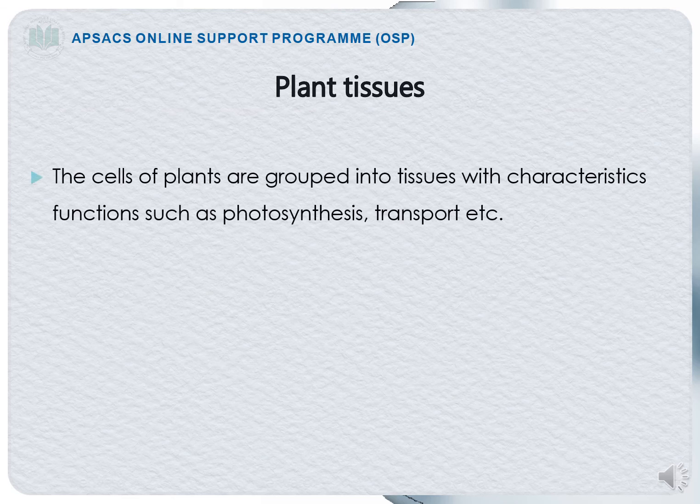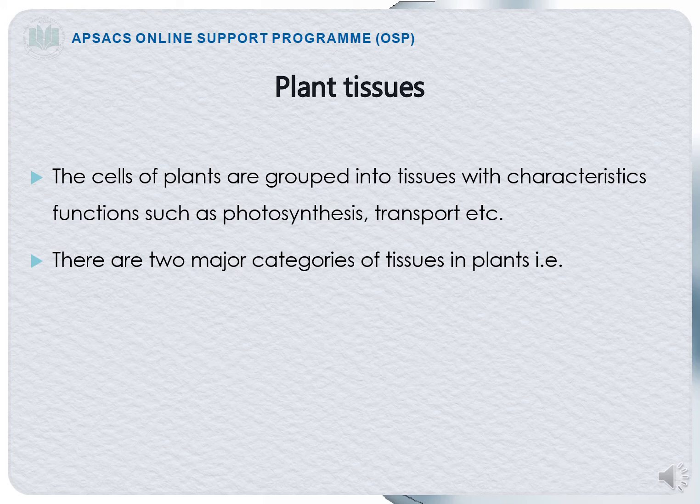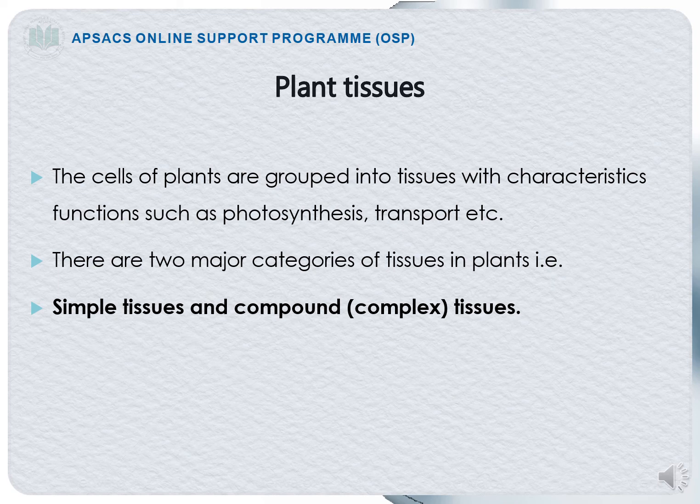As I have already told you about the tissues, whenever the cells combine together, they give rise to tissues and they perform a specific function. The same is the case with plant tissue, they perform functions like photosynthesis and transport. There are two major categories of tissues in plants, that is simple tissues and compound or complex tissues.